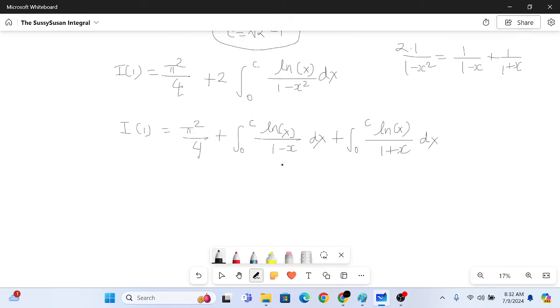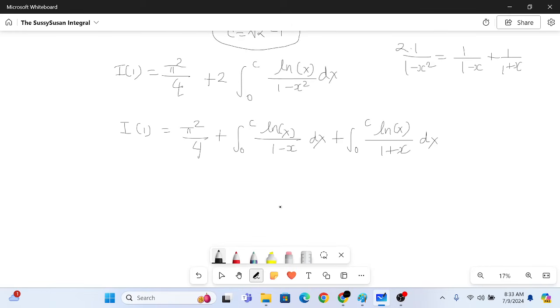Before that, I first have to reduce the limits of integral from 0 to 1, and then this is going to be a standard polylogarithm integral, and that will be helpful for us.